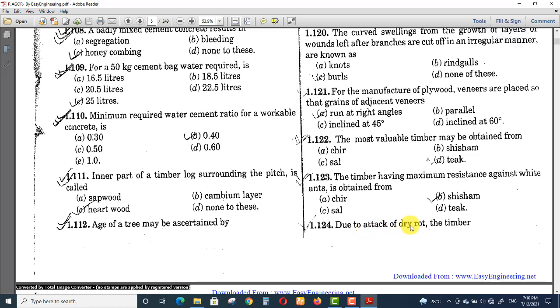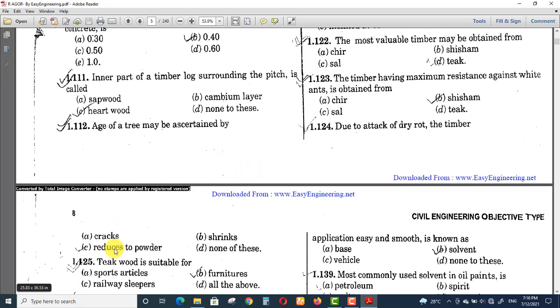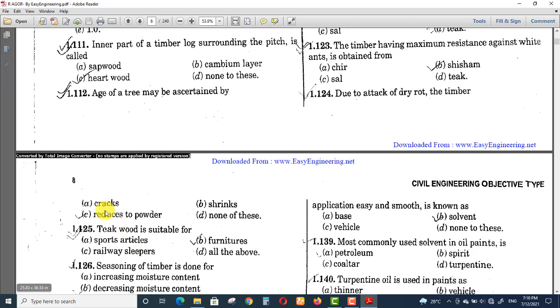Due to attack of dry rot, whenever your wood or timber gets attacked by dry rot, it reduces to powder, it changes to powder form. The cracks and shrinkages in the wood are not because of dry rot.